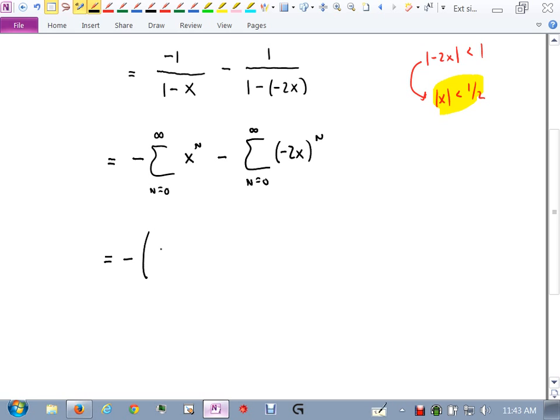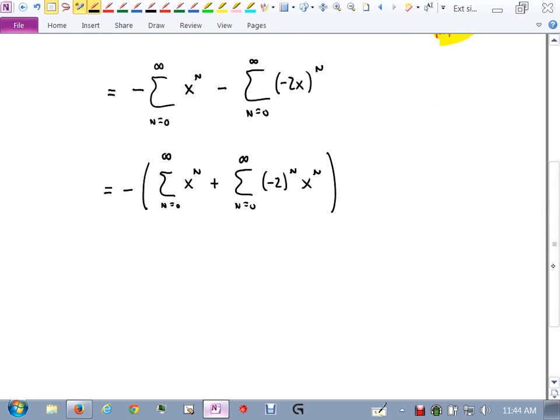And let me rewrite this: sum n equals 0 to infinity x to the n plus sum n equals 0 to infinity of negative 2 to the n x to the n. That all right? Okay. Do both of these series start at the same place? N equals 0? Yes? Okay, if they both start at n equals 0 and they both have x to the n in them, don't they?